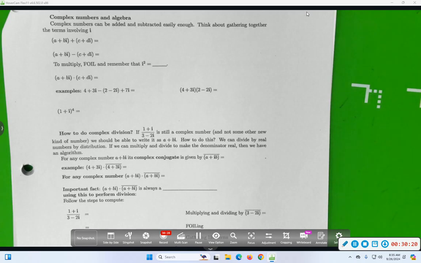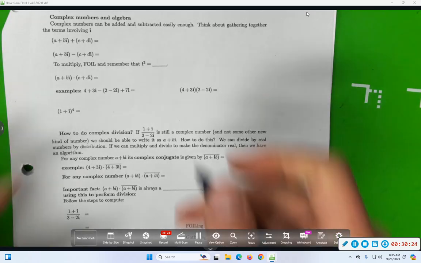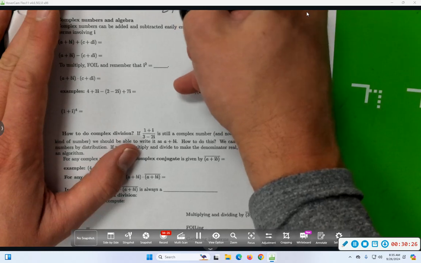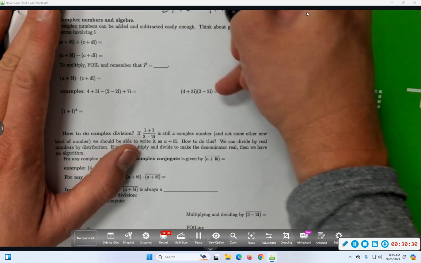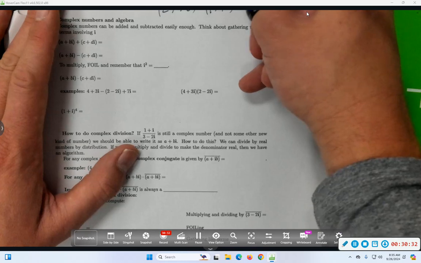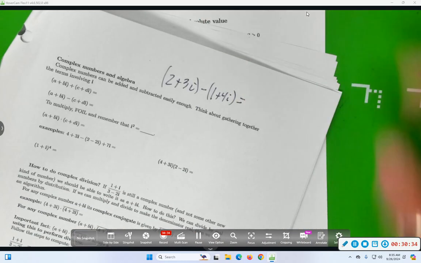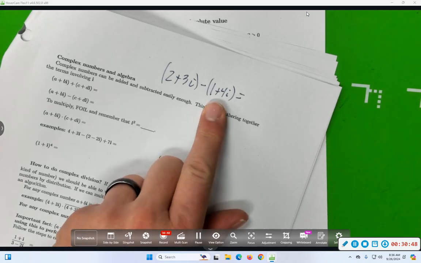Addition and subtraction are obvious. If I just give you two complex numbers, 2 plus 3i minus 1 plus 4i, what would you want that subtraction to be? Well, let's go through it. I should be able to distribute that minus sign, right?